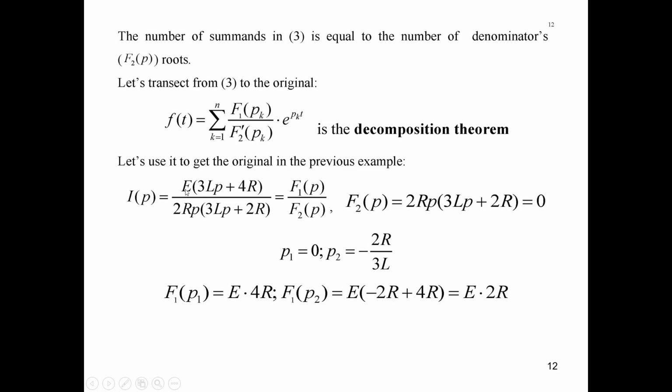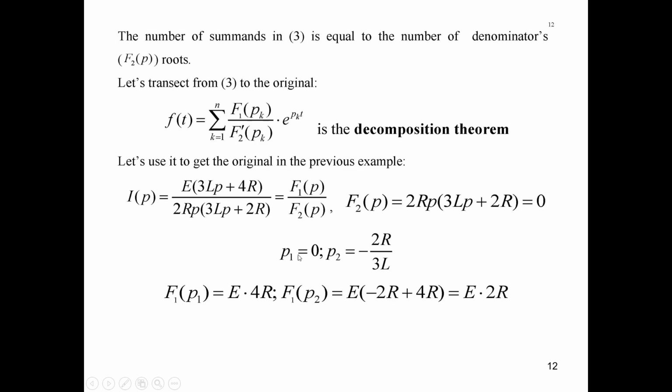It will be e multiplied by 3r multiplied by (2 minus 2r over 3r). 3r and 3r will be cancelled, and we will have here minus 2r, that will be this item, and plus 4r without r. So it will be e multiplied by 2r when we substitute this root in this numerator, phi1 from p.